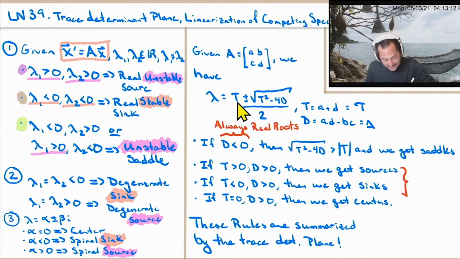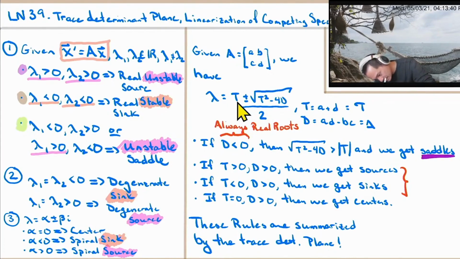But if t is positive and I add to it what comes out of this square root, which will be positive as well, that will be positive. One eigenvalue goes positive, one eigenvalue goes negative, and what we have here is a saddle.